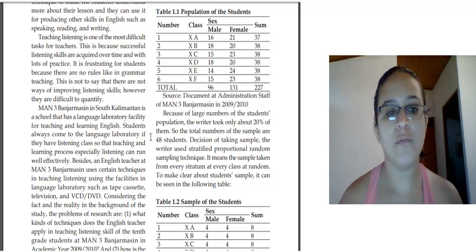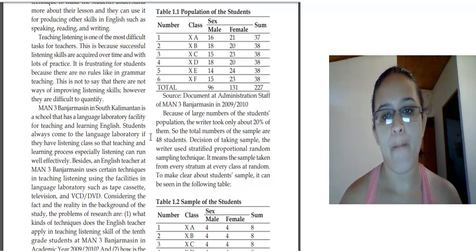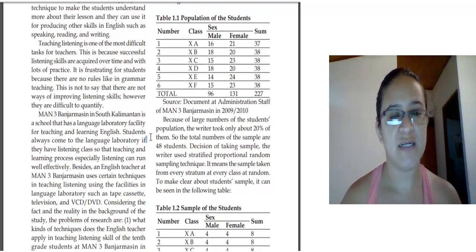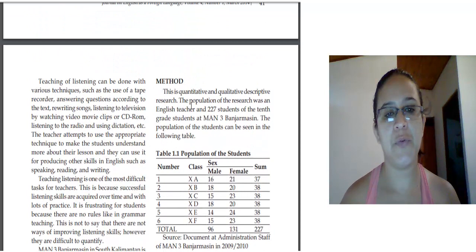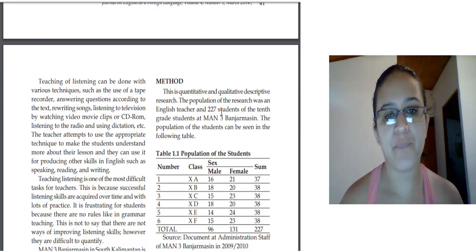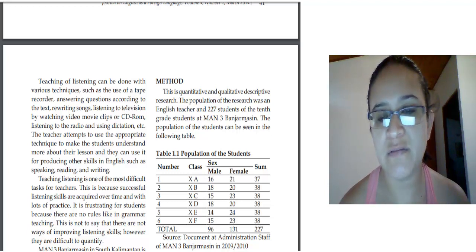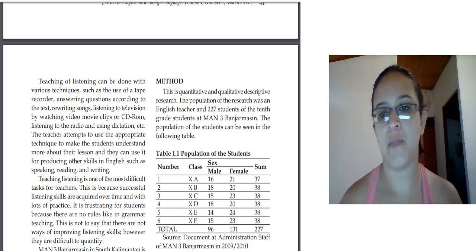In this article, we can find these elements fit, starting with the population that is being researched. In this case, it is an English teacher and 227 students of the 10th grade.